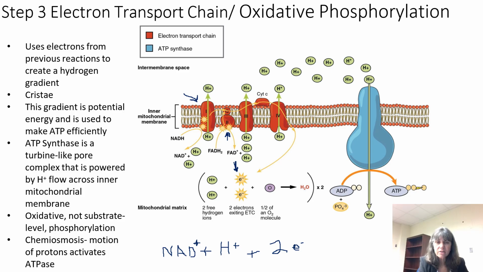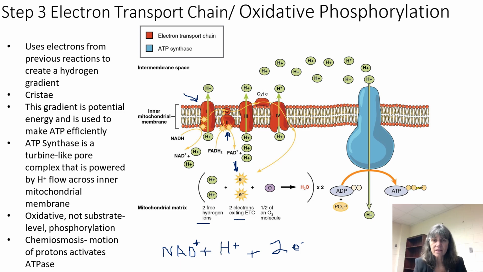So taking a look at this, we can see that within the matrix of the mitochondria, we've got 2 free hydrogen ions, and then we've got 2 free electrons, right? And once the electrons are separated from the NADH, the electrons stay in the matrix. However, the hydrogen ions, or protons, are going to go through the proteins that are performing this oxidative process.